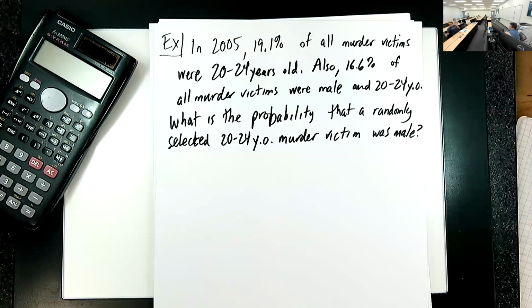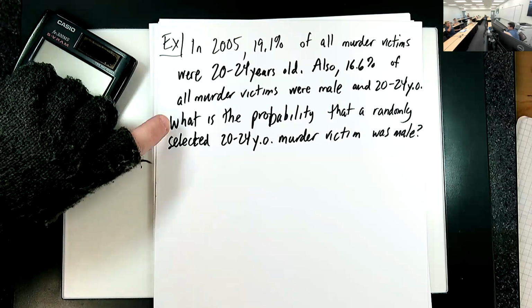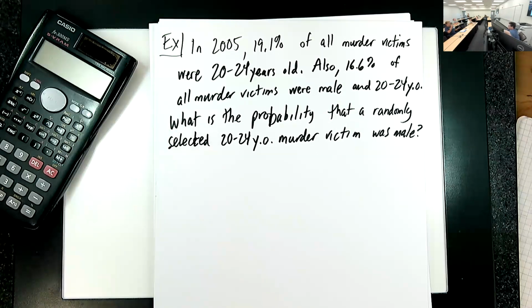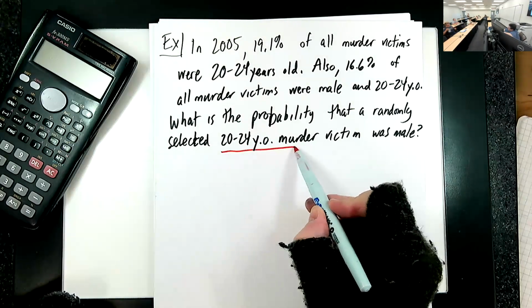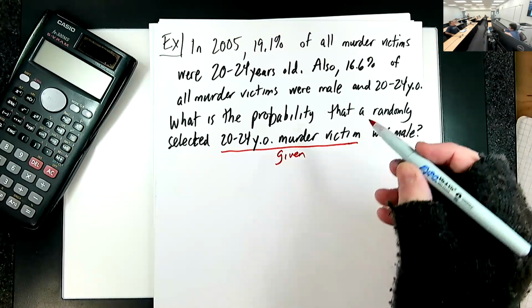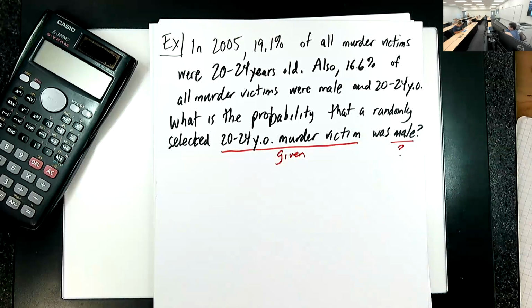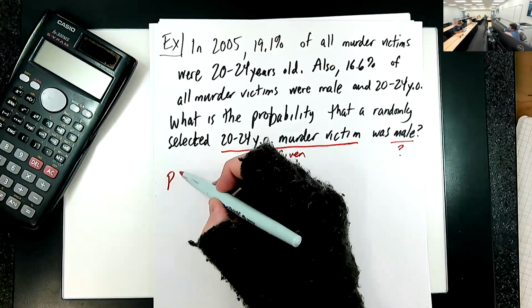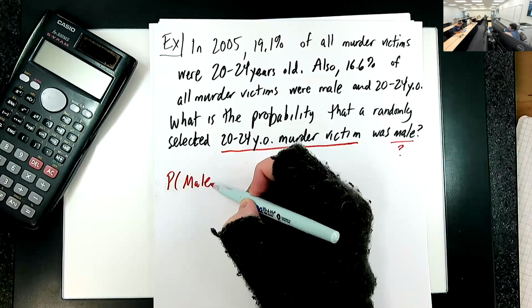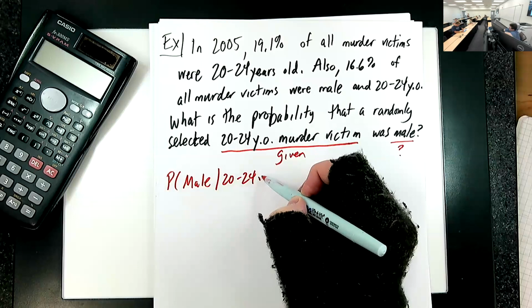That was all me. All right, so what is this really asking? What is the probability that a randomly selected 20 to 24-year-old, this is the category of people we're looking at, this is our given criteria, is male? This is what we want to know. In terms of our lingo, that is the probability of a male given that they were a 20 to 24-year-old victim.